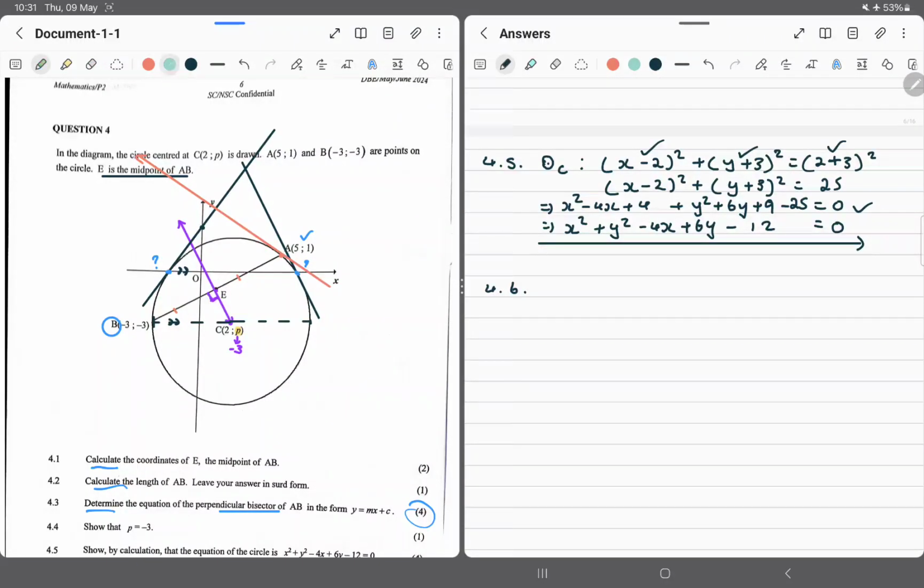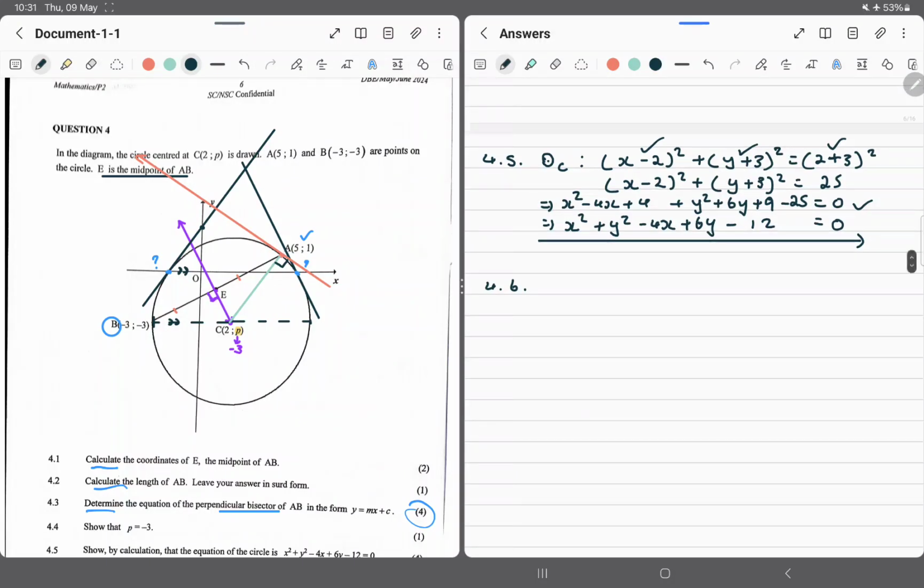Now let's think about it, guys. Let's say our radius is from the center to that point. Now we know that the tangent is always perpendicular to the radius. So we've got the coordinates of C, we've got the coordinates of A. Let's just explore what would happen for a gradient there.